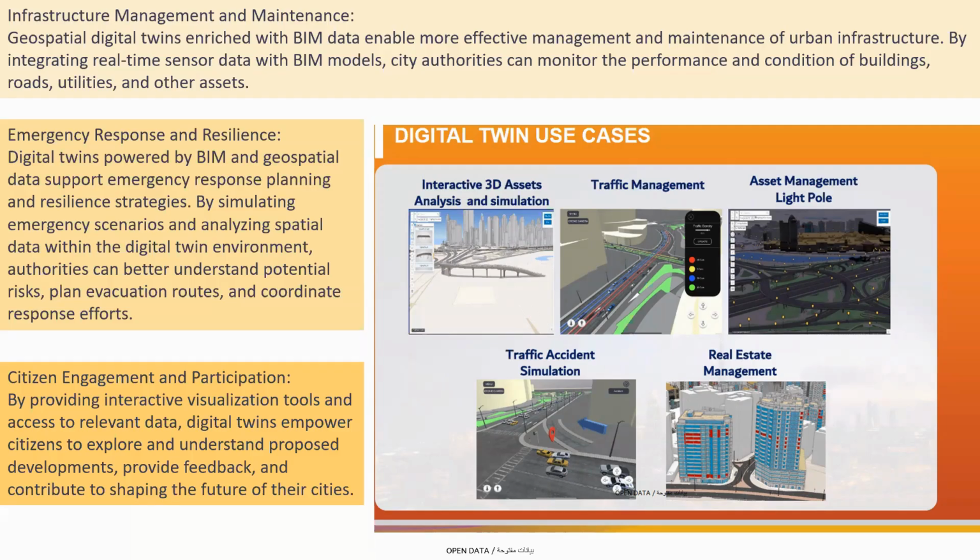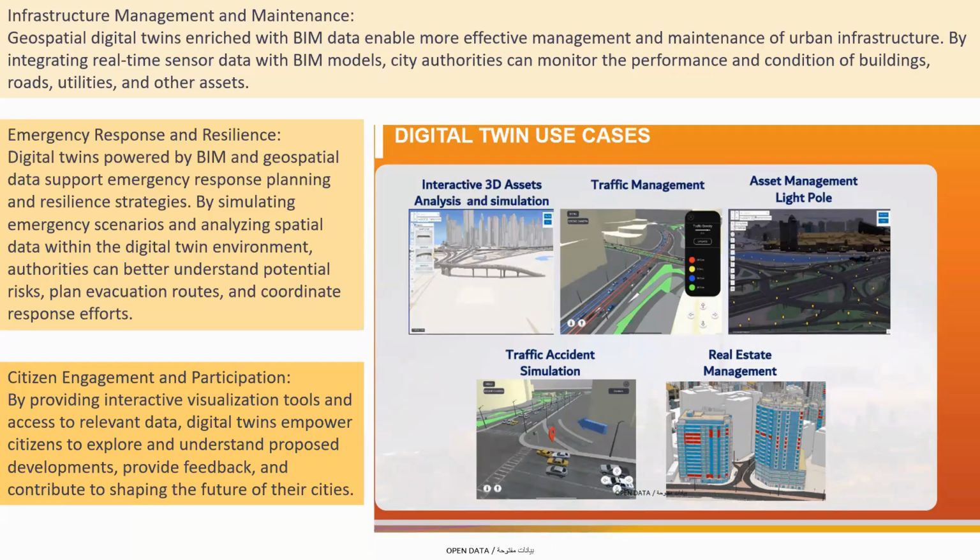So here we can see interactive 3D asset analysis and simulation. You can analyze the information that is coming directly from the field. Any update is reflected on the digital twin.